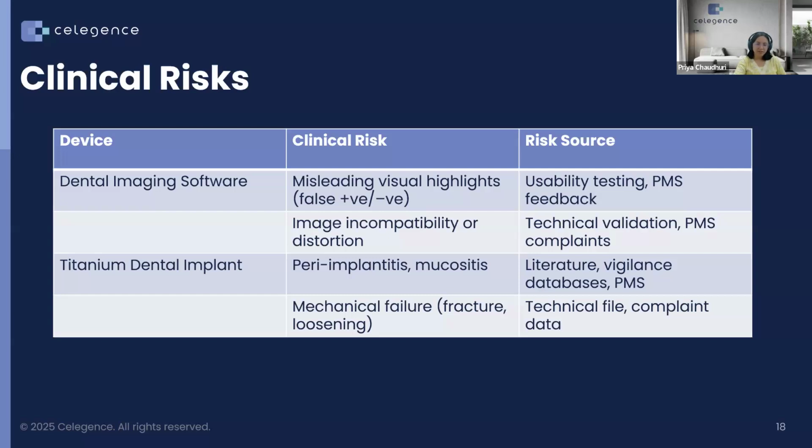These are heavily dependent on evidence sourced through the clinical evaluation process, mostly through the literature. So the first step in building a clinical risk profile is to collect data from various sources. The first is the literature, the post-market surveillance report, various other vigilance databases on similar devices, validation studies, and technical studies, and for software, the human factors engineering or usability studies play important roles.